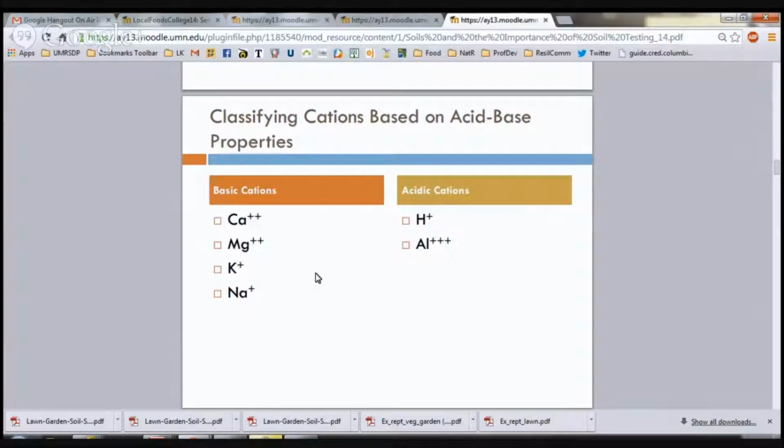So on a soil test report, you have to analyze for each of these nutrients before determining the CEC. For example, at the soil testing facility on the Twin Cities campus, potassium is tested for in the regular test, but calcium and magnesium are not. And so that's why they typically don't do CEC.